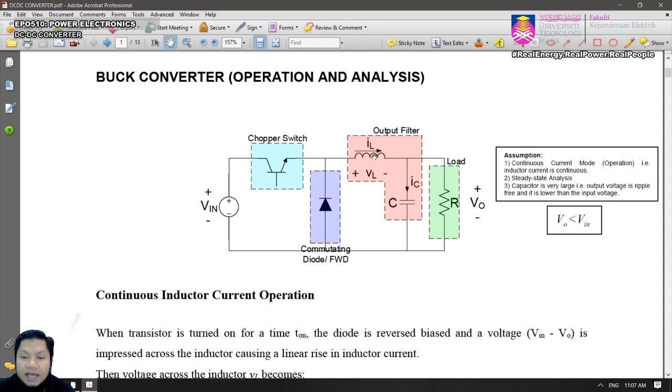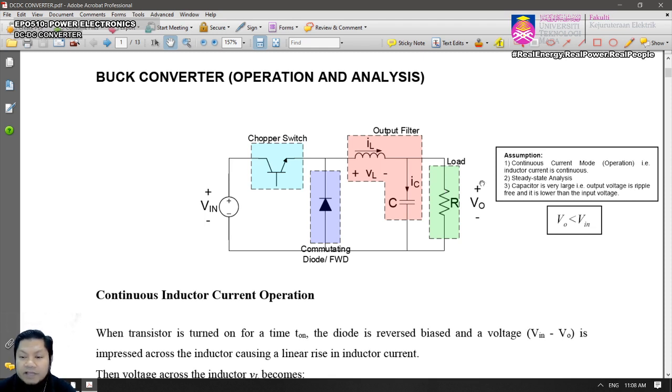So L is a filter for your inductor current, and C is a filter for your output voltage. And finally your R. R is the resistance which represents the load. The size of R depends on the power of the output.